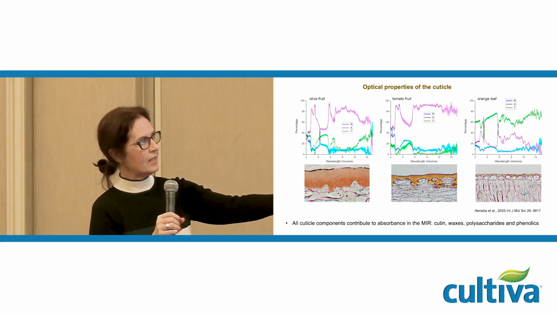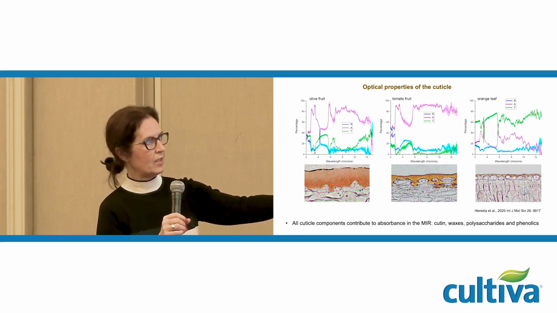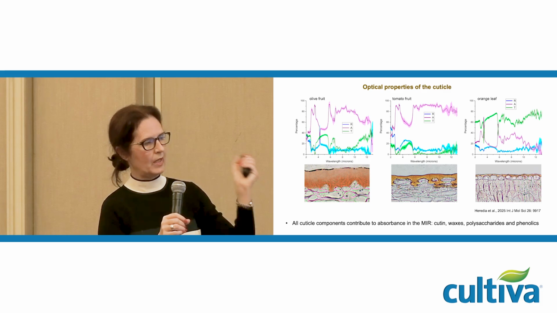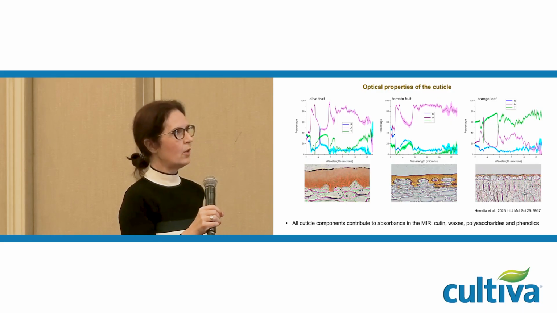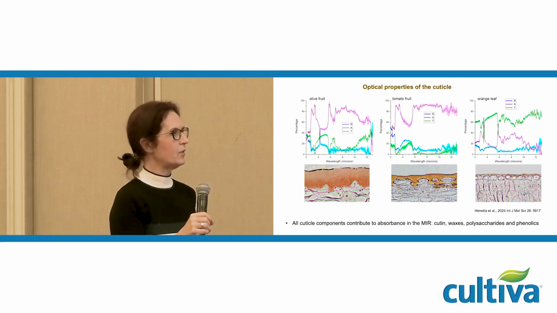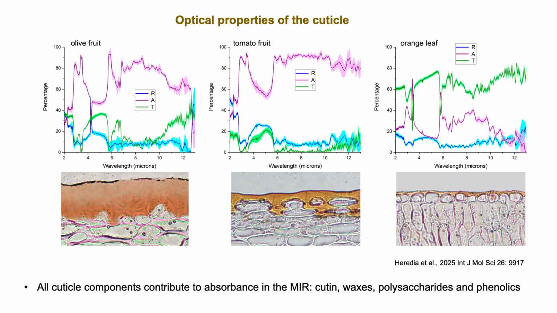And in this case, the amount of absorption is much lower, and transmittance, going through, is the main mechanism. And which cuticle compounds interact with infrared radiation? Well, actually, every single one of them.